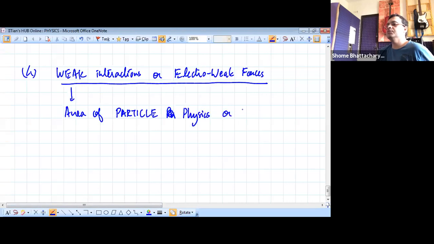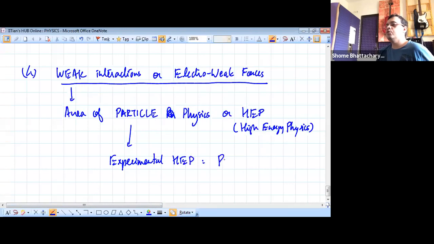Or it is sometimes also called high energy physics. Where you have experimental high energy physics in which you have what is called particle accelerators, like the CERN Labs particle accelerator.